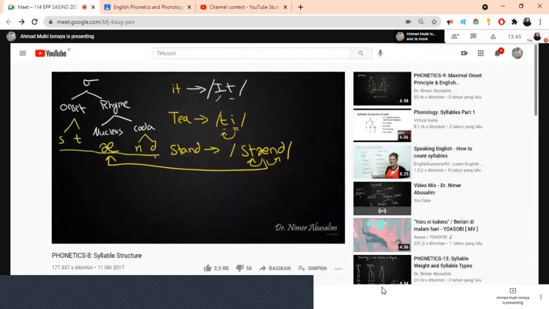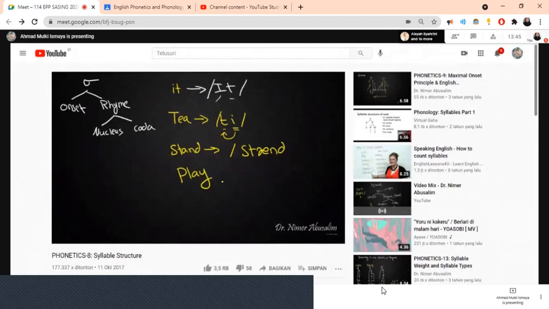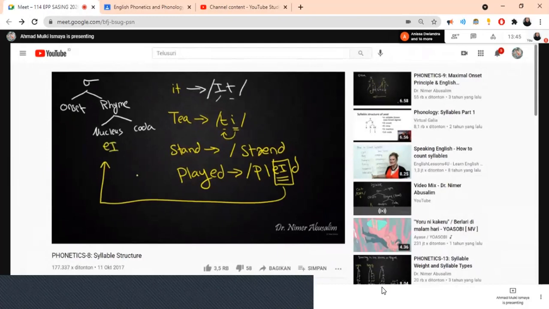Now we get stand. Also, make sure that you take diphthongs as one unit under the nucleus. For example, play or played. Transcription is played. Now this is a diphthong. A diphthong is basically two vowels, but we treat it here as one unit. So we take this diphthong and we have it under the nucleus.